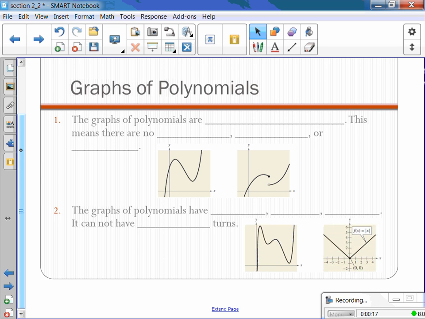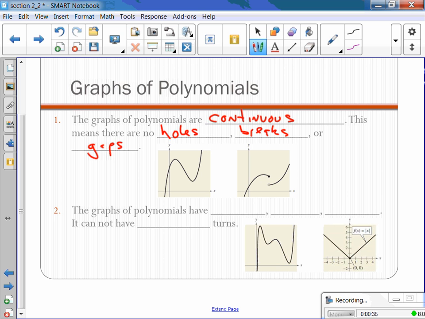So, the graphs of polynomials, we say, are continuous. Meaning what? No holes, no breaks.